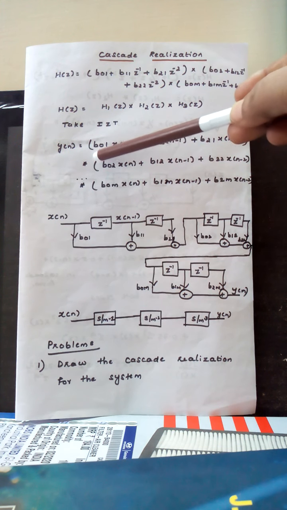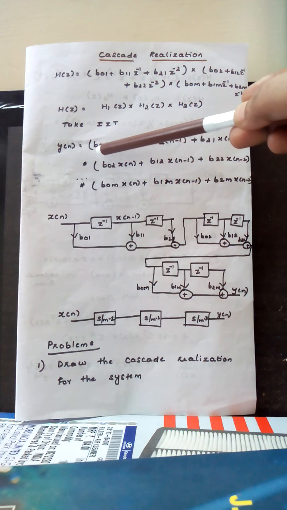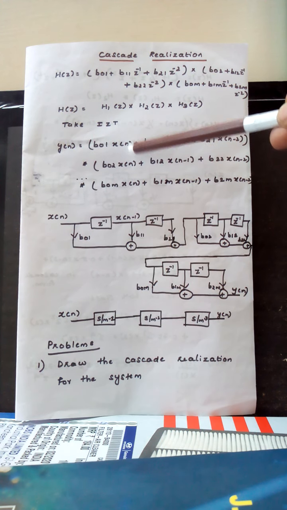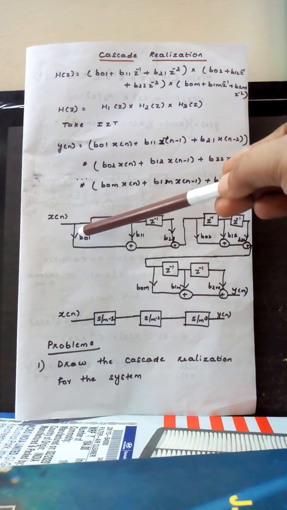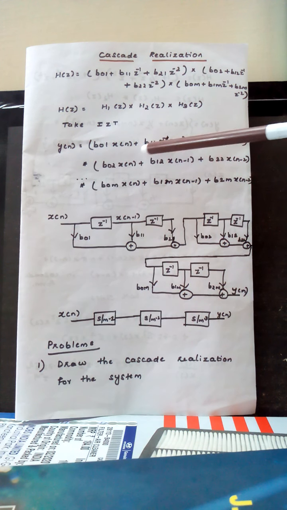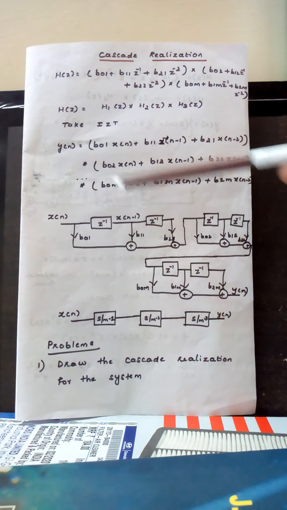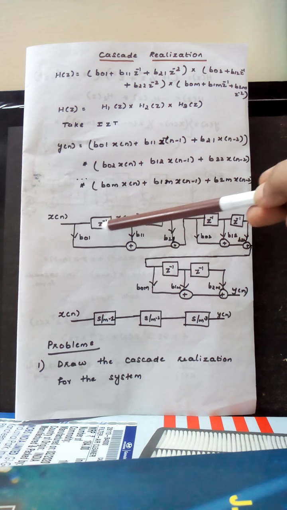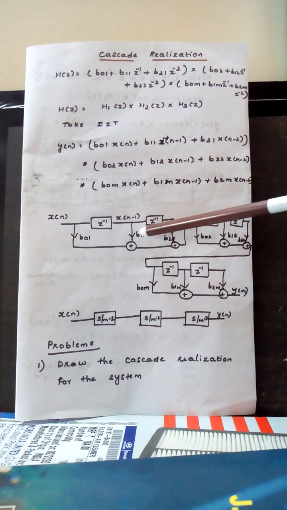So I am considering the first system. This is the first system. Here we have b01 multiplied with x(n). So first we take x(n), that is multiplied with the constant b01, and again that is added with b11 into x(n-1). So from x(n) to get x(n-1), we are using one delay operator here, that is multiplied with the constant b11.